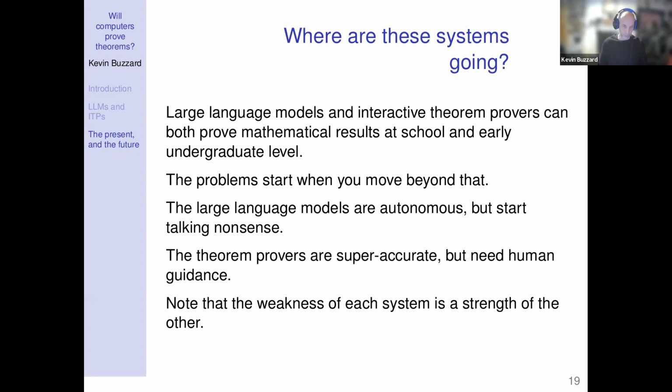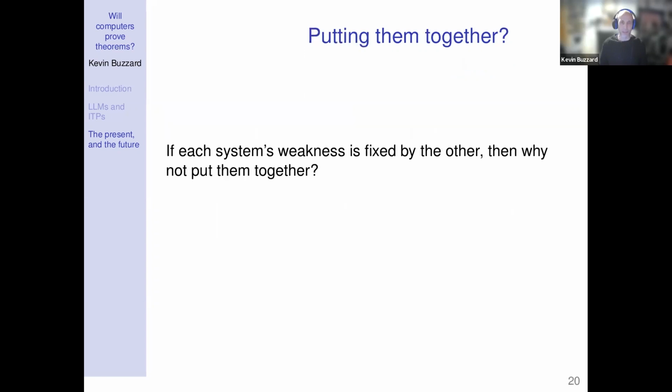The theorem prover just picks up on the mistake instantly and gives you the feedback saying, no, you can't do that. So you can imagine that the systems somehow complement each other. If each of the systems has weaknesses which are fixed by the other system, then let's put them together, right? That's the next step. And then maybe we'll make some mechanical math monster or something.